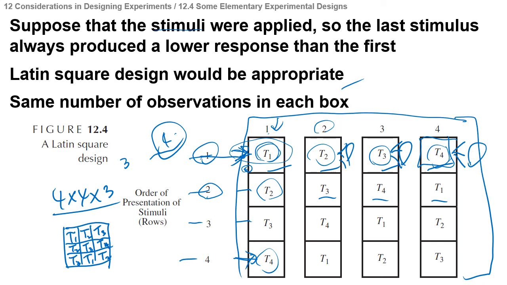This is another example of a 3 by 3 Latin square design. So if you have 3 treatments, you can use this 3 by 3 Latin square table to construct your experiment.